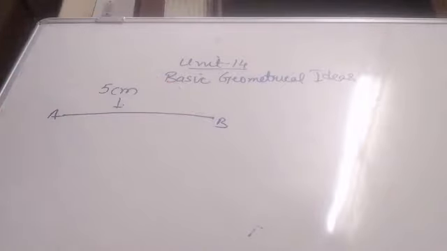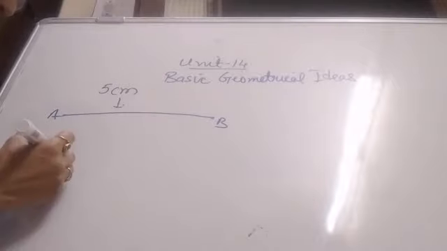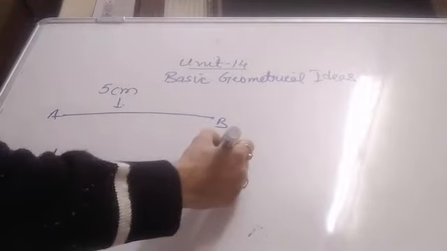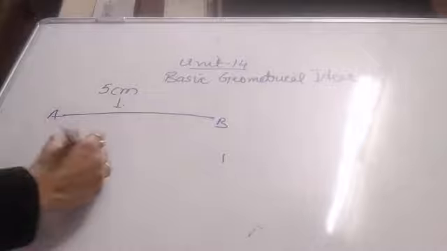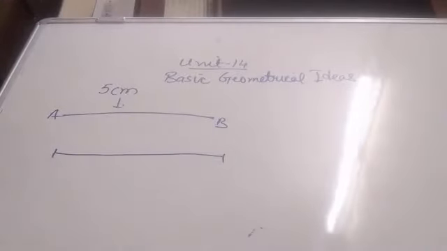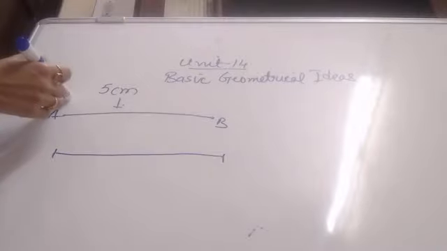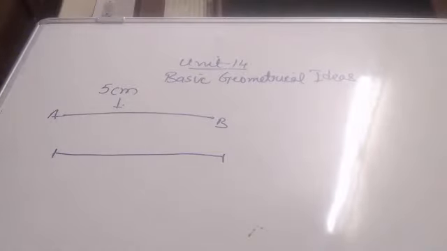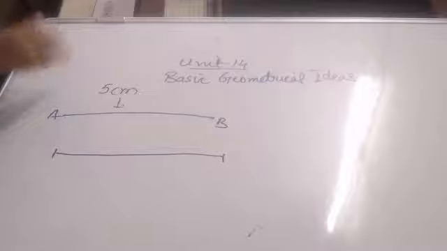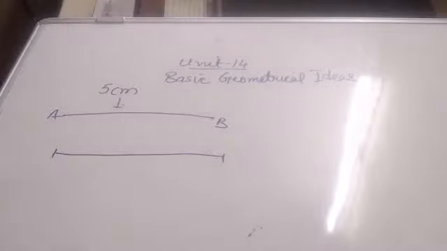You will mark this point like this, and join these two points. This will also form your line segment. So with the help of a ruler as well as a divider, we can easily find out the length of line segments, and you can also draw line segments.